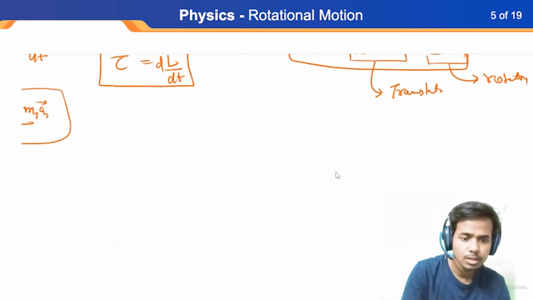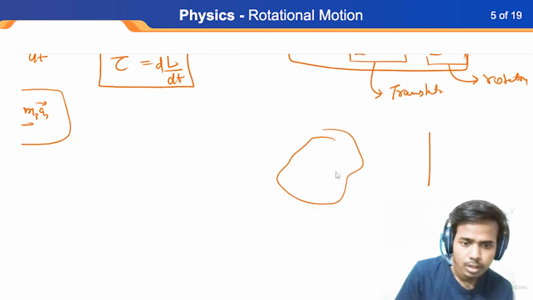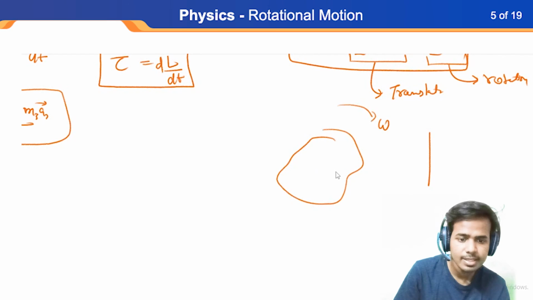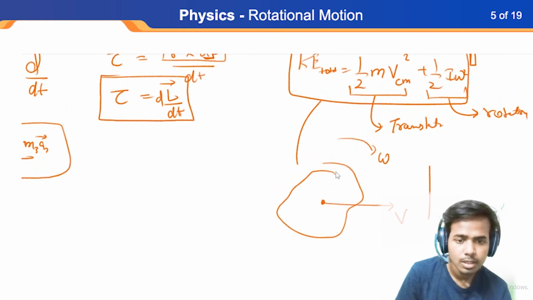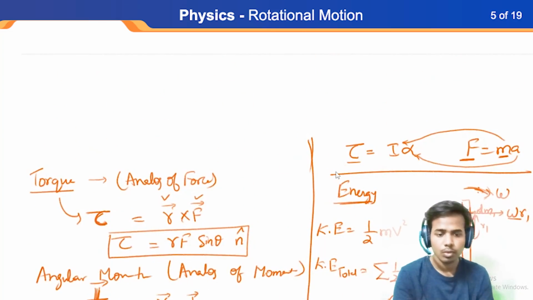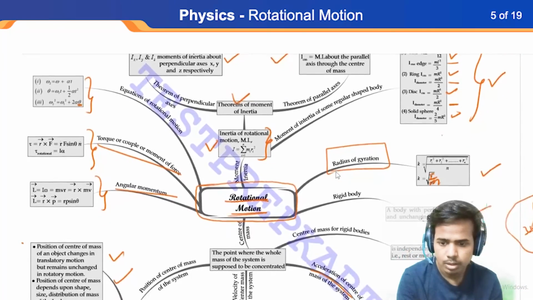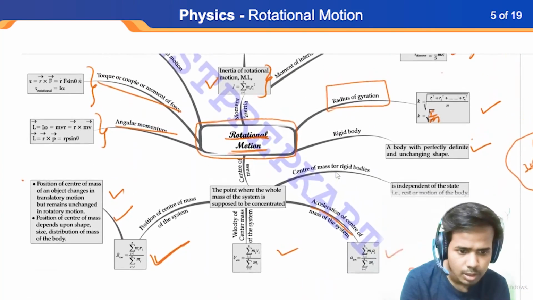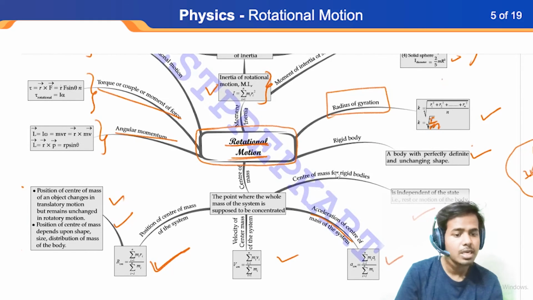For example, if I have some body rotating with omega, as well as the center of mass going here with a velocity v, then using this formula you can quickly find out the kinetic energy. Now let me check if I have missed something in this mind map. I think most of it has been covered, and this is the reason why we calculated the center of mass in the first place.